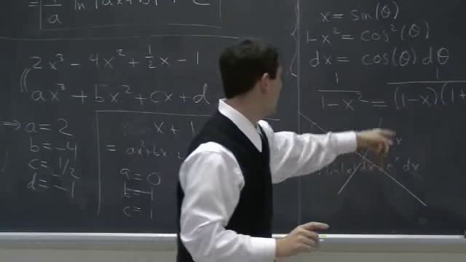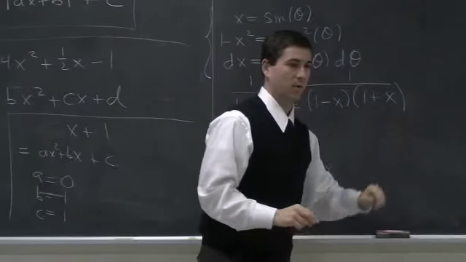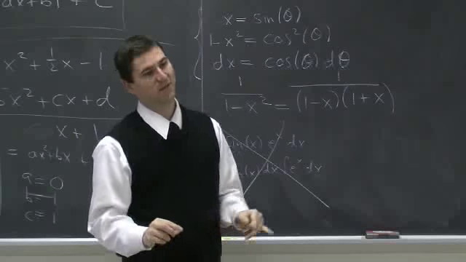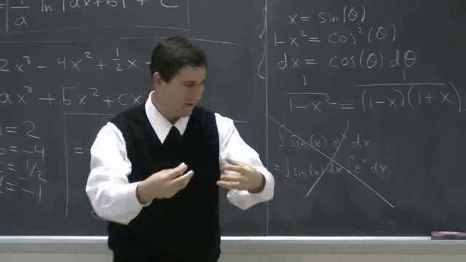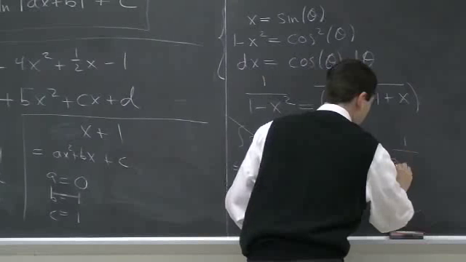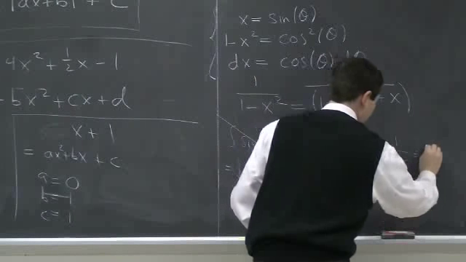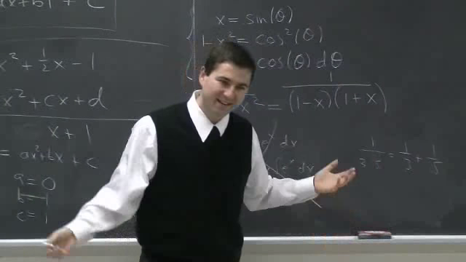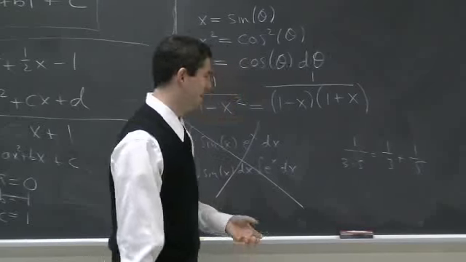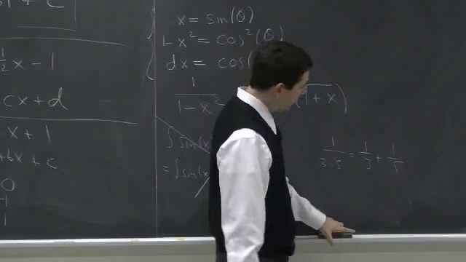Right? If we could say 1 over 1 minus x plus 1 over 1 plus x. But of course, this is absolutely ridiculous. You can't just take a fraction and do that. If you had 1 over 3 times 5, is this equal to 1 over 3 plus 1 over 5? Of course, this is nonsense. You can't do that. It's ridiculous. Okay, fine.